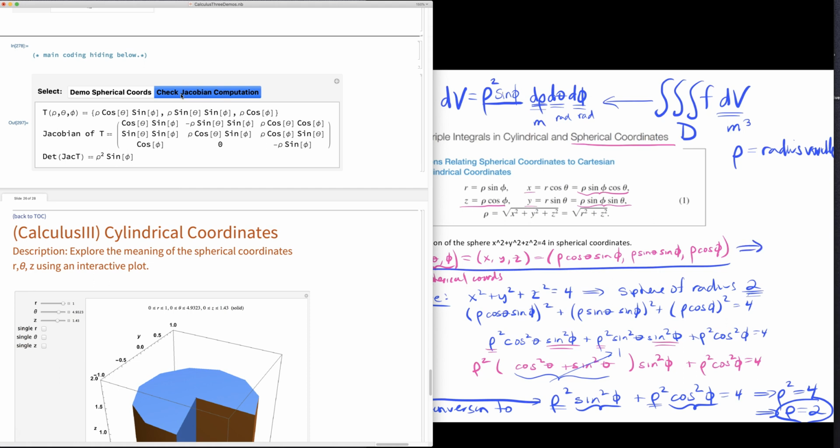If you look at the determinant of the Jacobian of that transformation, you will get rho squared sine of phi. And that is the fudge factor that is going to be needed to compensate and turn the radians, along with this quantity here, into meters squared to make our final dV units come out to be meters cubed. So ends an introduction to spherical coordinates.